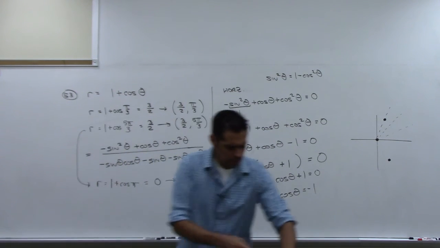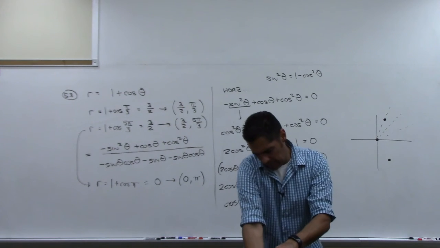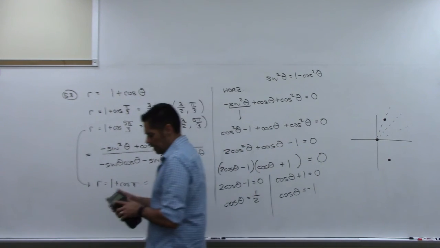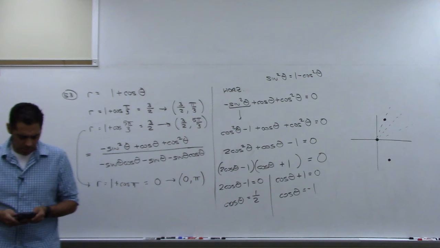So, okay, next thing. You know what? I'll do the graph real quick. That way we can see, we can be convinced. So I'm just going to do my polar.